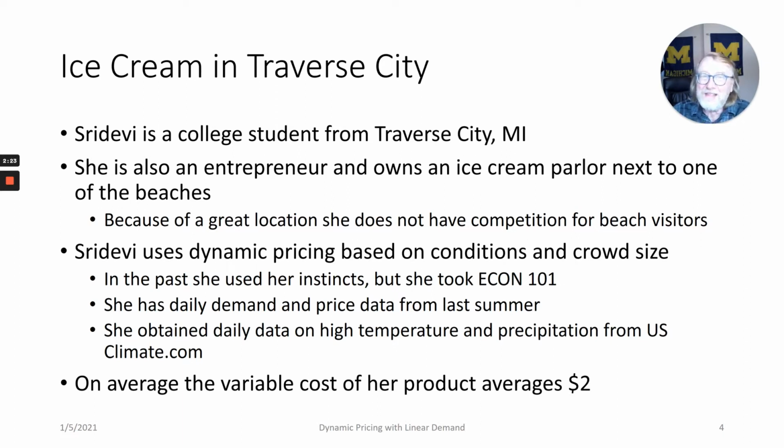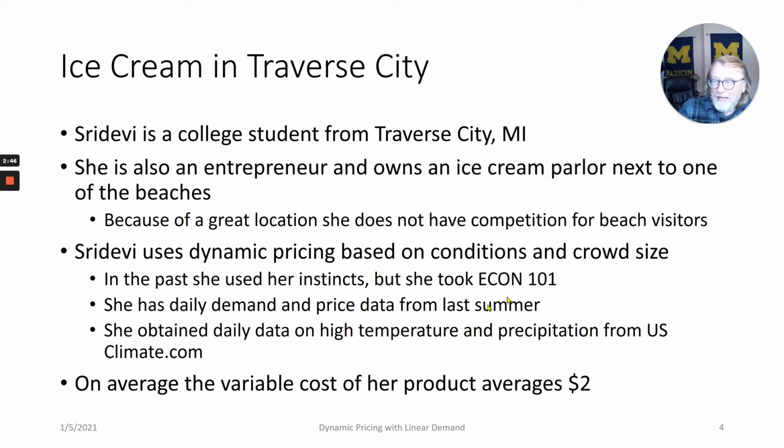It's unlikely that they will get in their car and travel into town to go to a shopping center to pick up some ice cream and bring it back. Okay, and she's been using dynamic pricing on a kind of ad hoc basis for a few summers, right? But she took an econ course and said, hey, I can probably use some of these tools to try to do a better job of pricing.